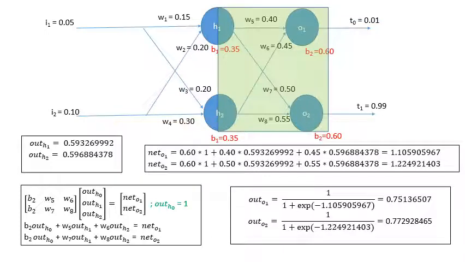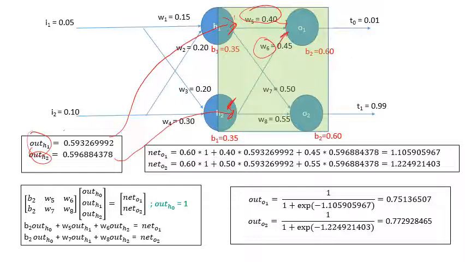The number which we got first is here, and the other number is here. I'll say out h1, out h2. So you multiply out h1 with this w5, and you multiply out h2 with this w6.